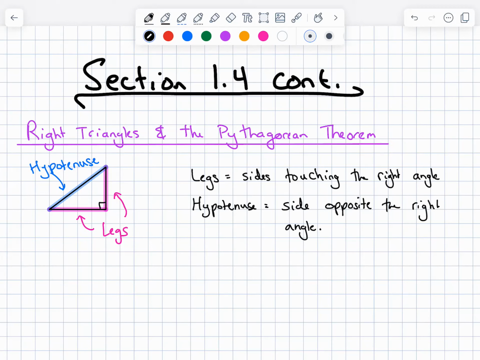So the legs are the sides that touch the right angle, whereas the hypotenuse is the side opposite the right angle. And the hypotenuse is always the largest side length. So hypotenuse and the two legs.